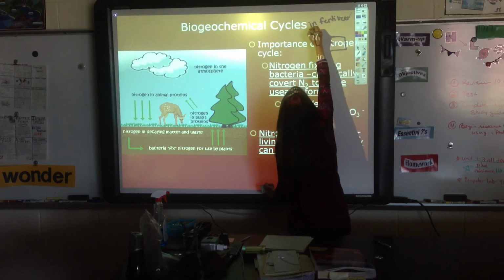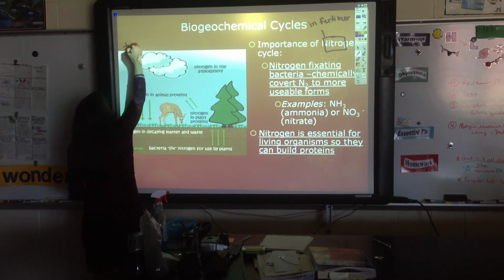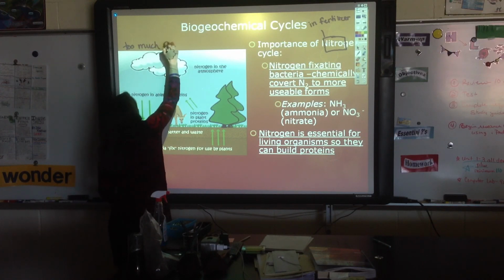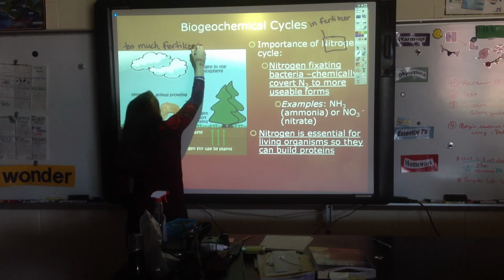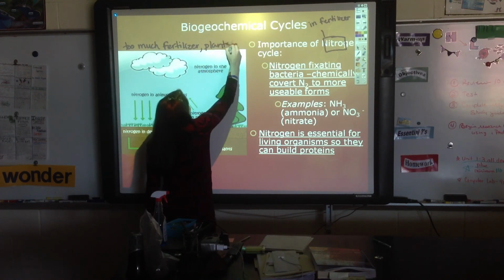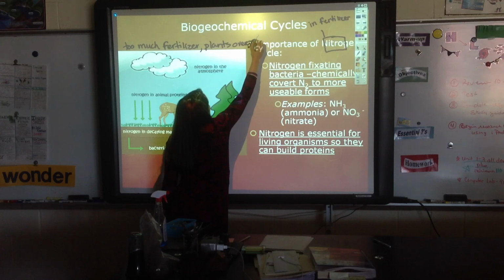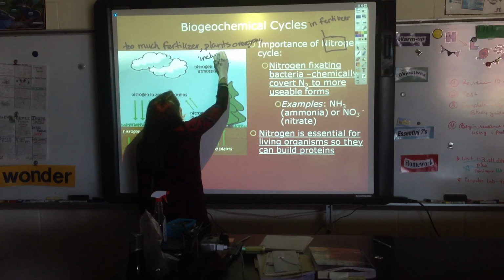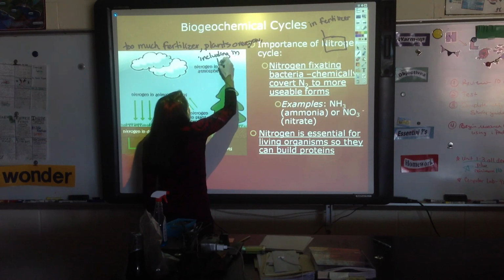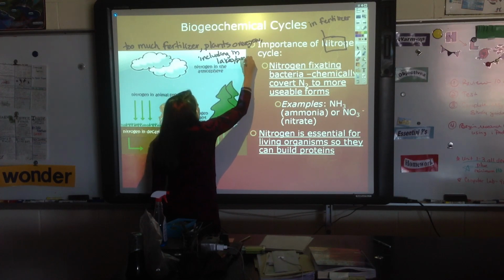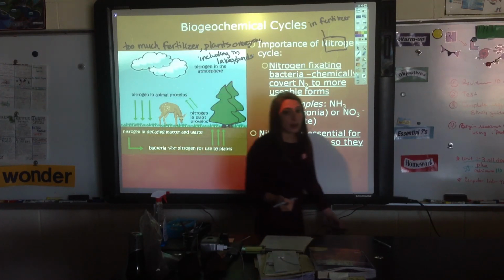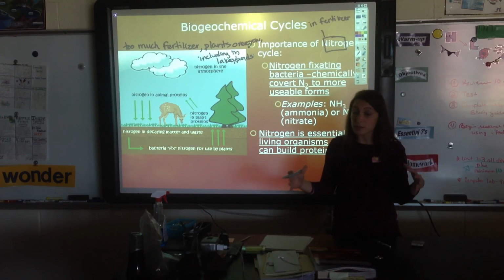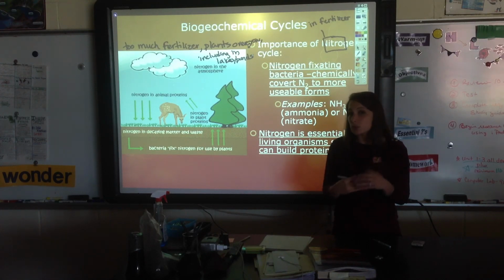But if there is too much fertilizer, plants can overgrow, including in lakes and ponds. If you've ever seen a lot of algae creating plant material, that is actually a bad thing for that ecosystem, because the algae outcompetes, or is stronger than, a lot of the other living things and takes up too much space.